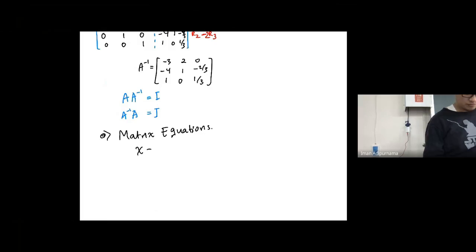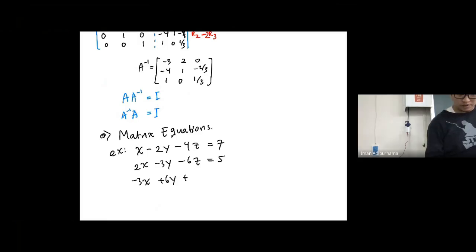So for example, you have x minus 2y minus 4z is 7. 2x minus 3y minus 6z is 5. Negative 3x plus 6y plus 15z is 0.